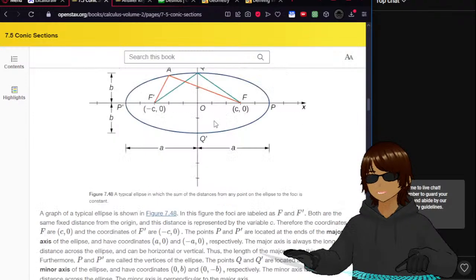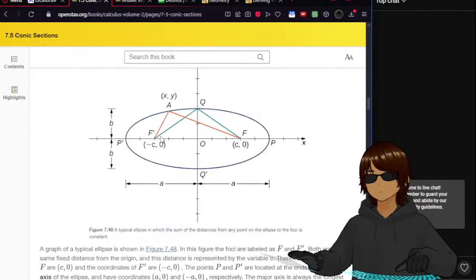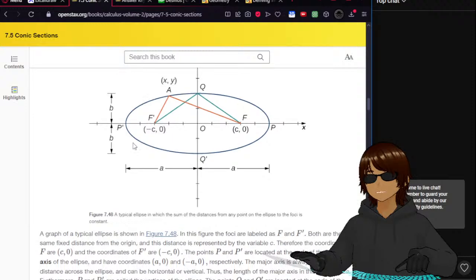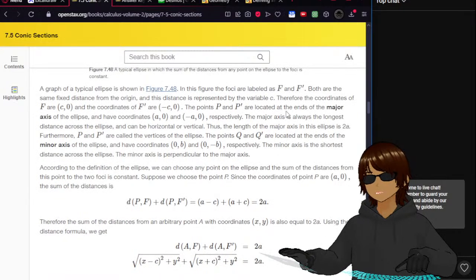The points P and P naught are located at the ends of the major axis of the ellipse and have coordinates a, 0 and minus a, 0 respectively. The major axis is always the longest distance across the ellipse and can be horizontal or vertical. Thus, the length of the major axis in this ellipse is 2a.